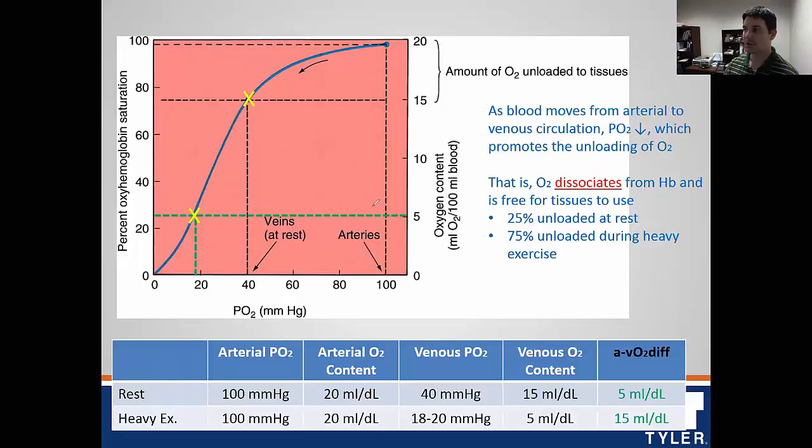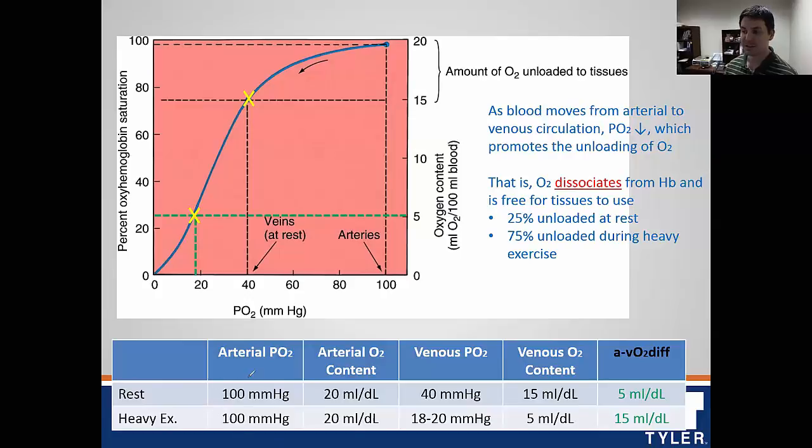So again, as we move from arterial to venous, the PO2 is going to decrease. We're going to dump oxygen, converting from oxyhemoglobin to deoxyhemoglobin. That is, again, we can say it dissociates. Right? If we look at the difference between arterial PO2 and venous PO2, we'll see that exercise has a very large effect. We've talked about this in the cardiovascular section.